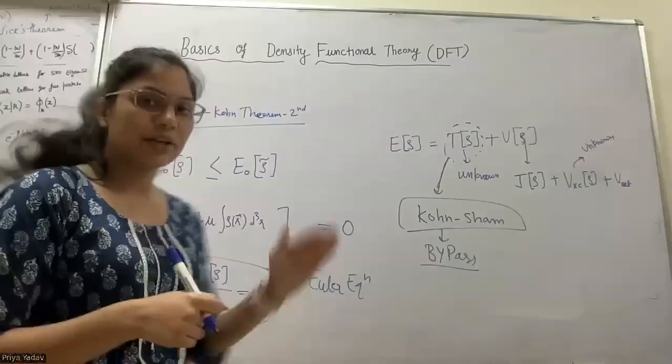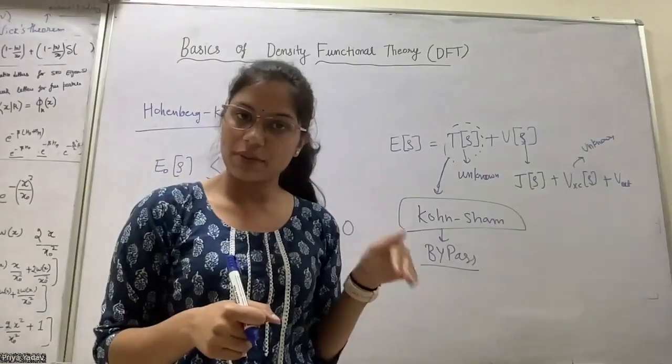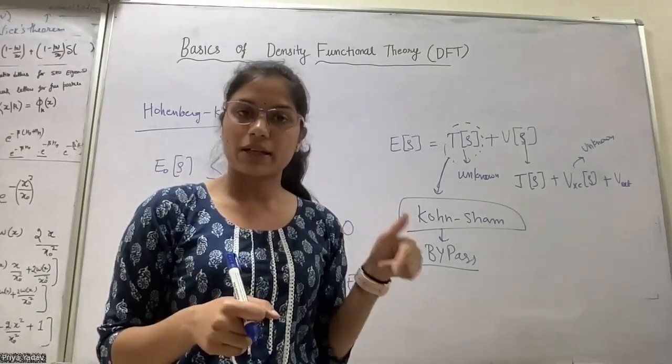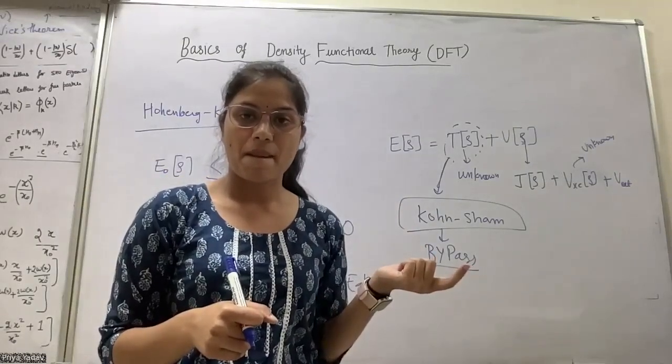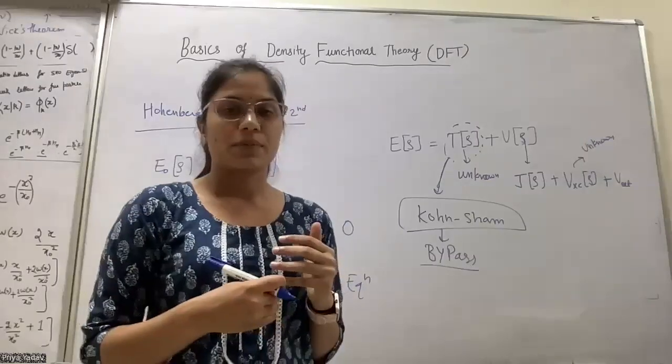and if I do the variational minimization, wouldn't I get the electron density then? So you don't have to know the explicit form of rho. If you know just the kinetic energy as a functional of rho, then you can.